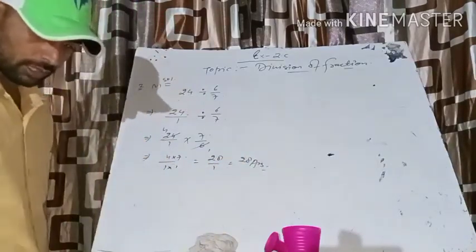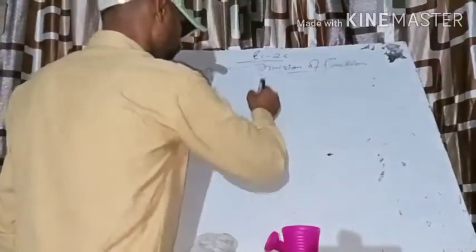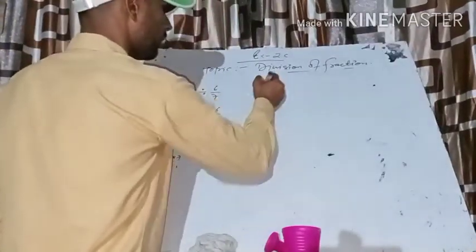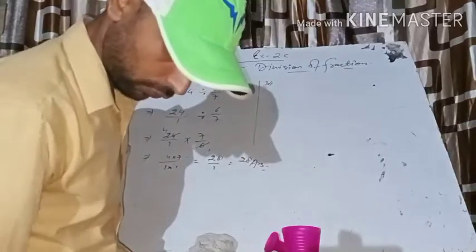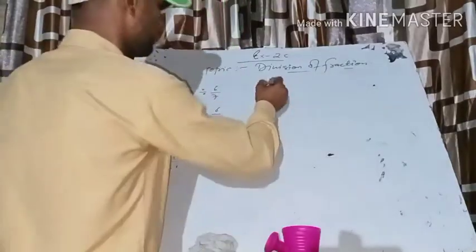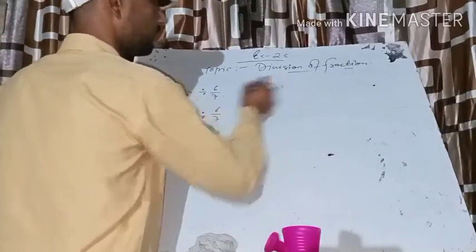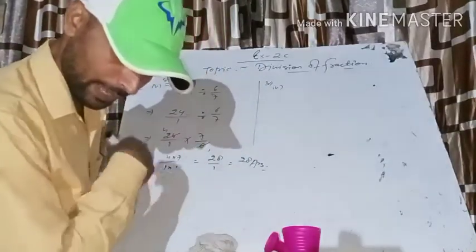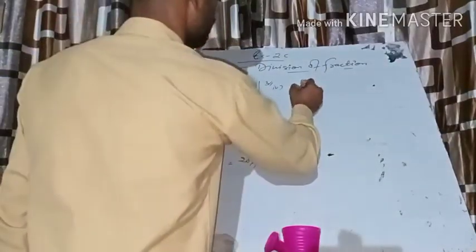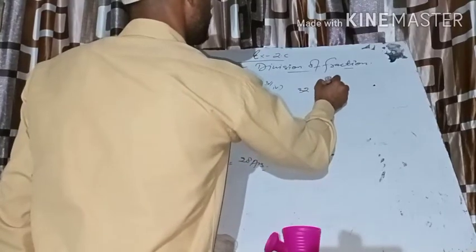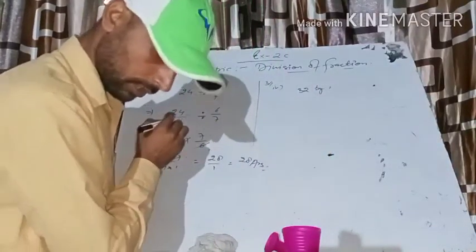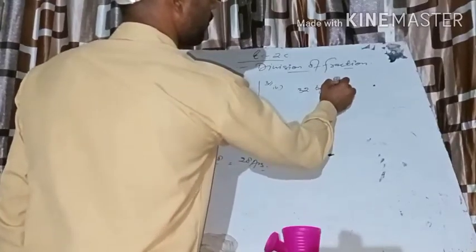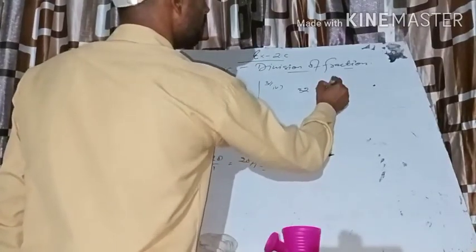Now come to the third one. In this third question we will do the fourth part. What is the question? Divide this by another number: 32 divided by 1 and 3 upon 5.